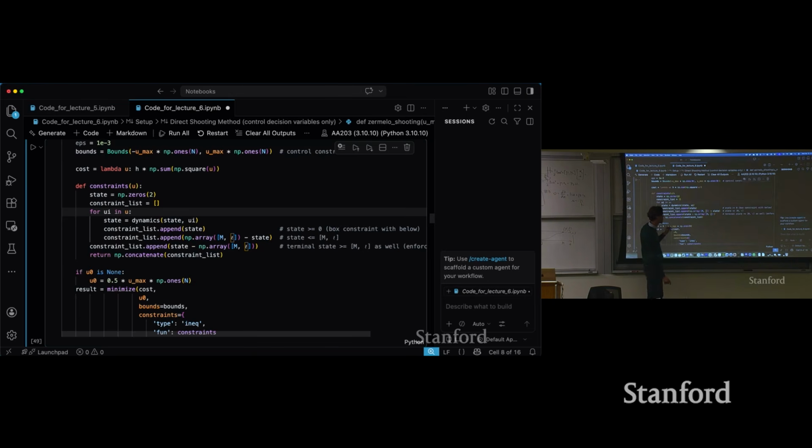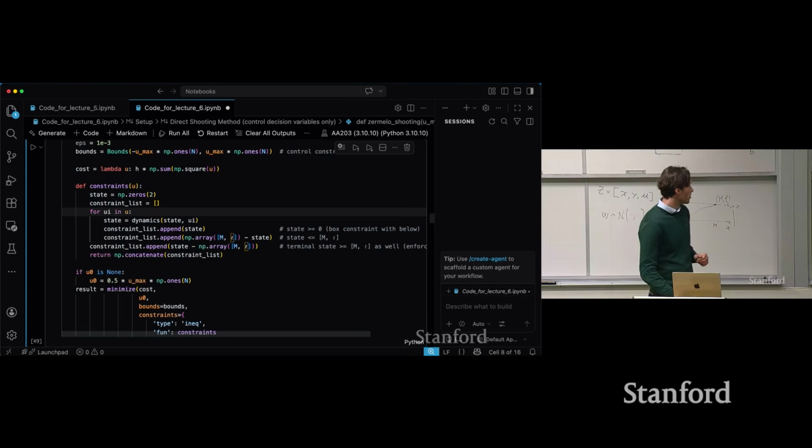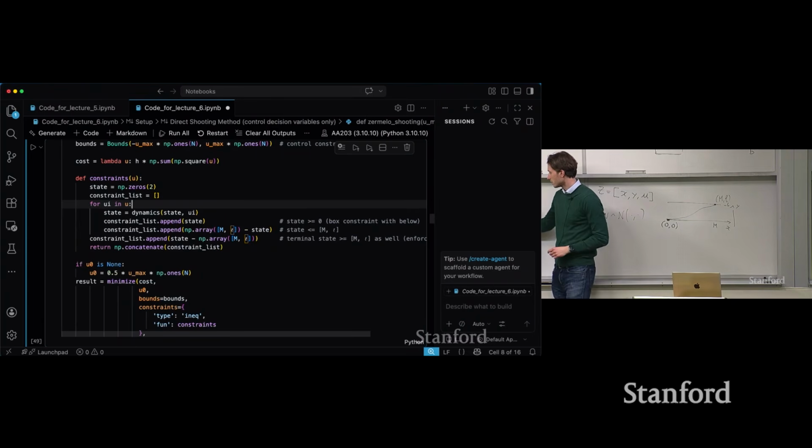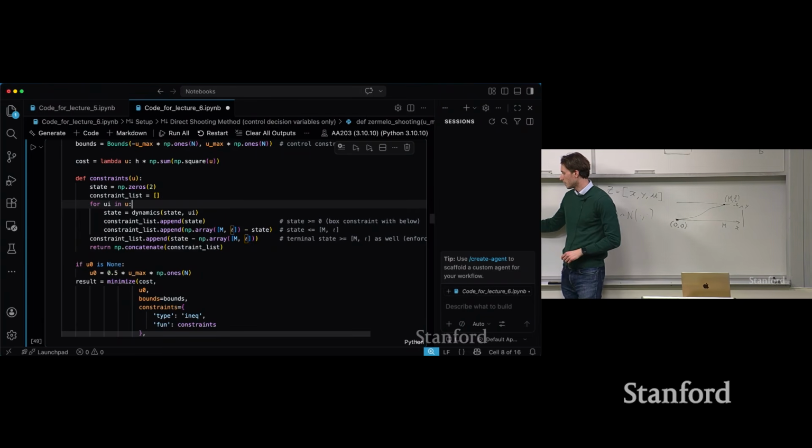Note that specifically here we're using inequality constraints, whereby in order to encode the equality constraint that the final state has to be equal to ml, we have both the fact that the state has to be less or equal than ml, and that the state has to be greater or equal than ml. But given what we're saying here, you can imagine that the sensitivity of this is much greater, right?